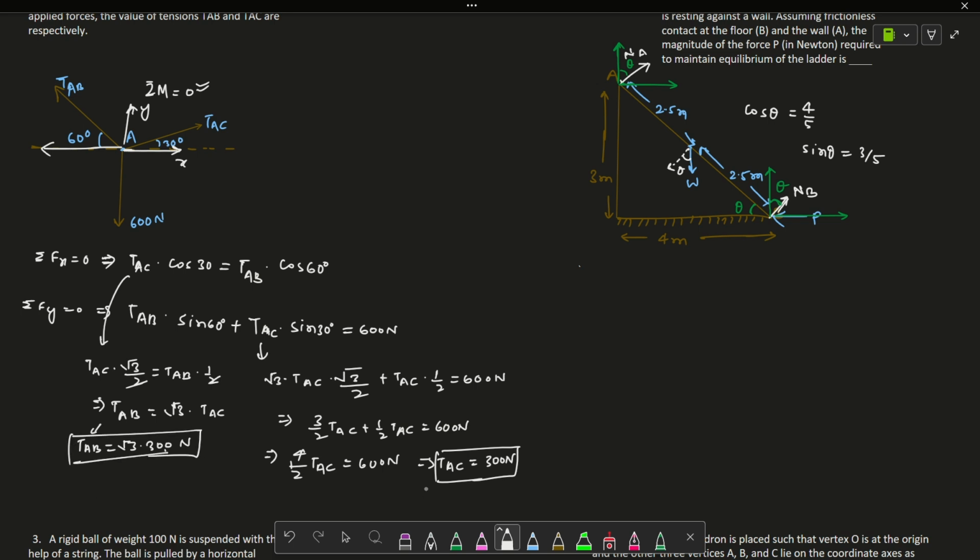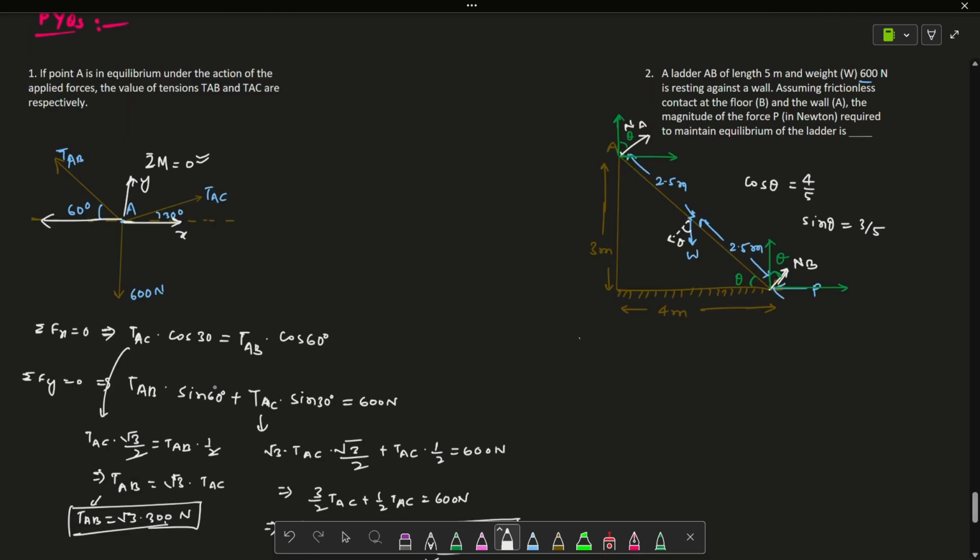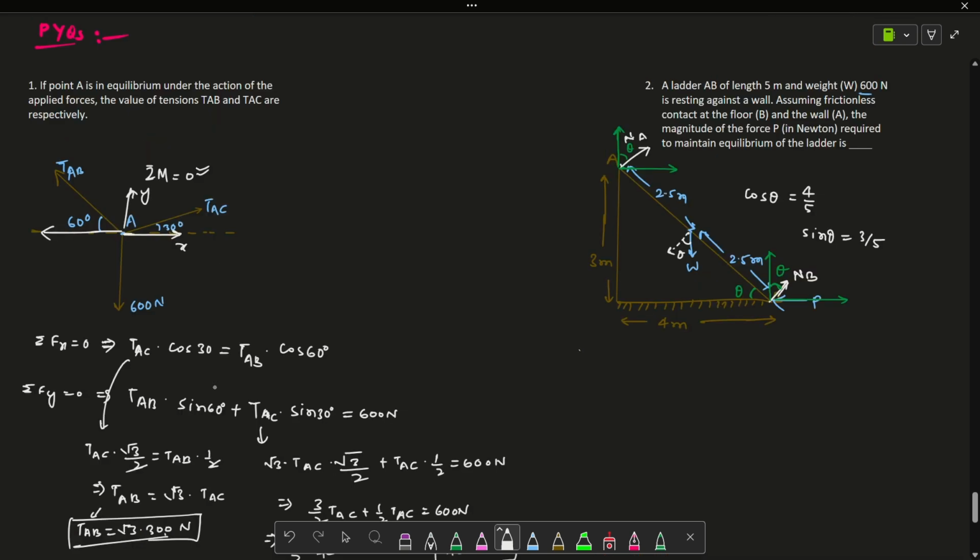So we have found out TAB and TAC. In this case options are not given, but in the actual problem options are given, so don't worry, the answer would be the same. Now we will see question number 2.